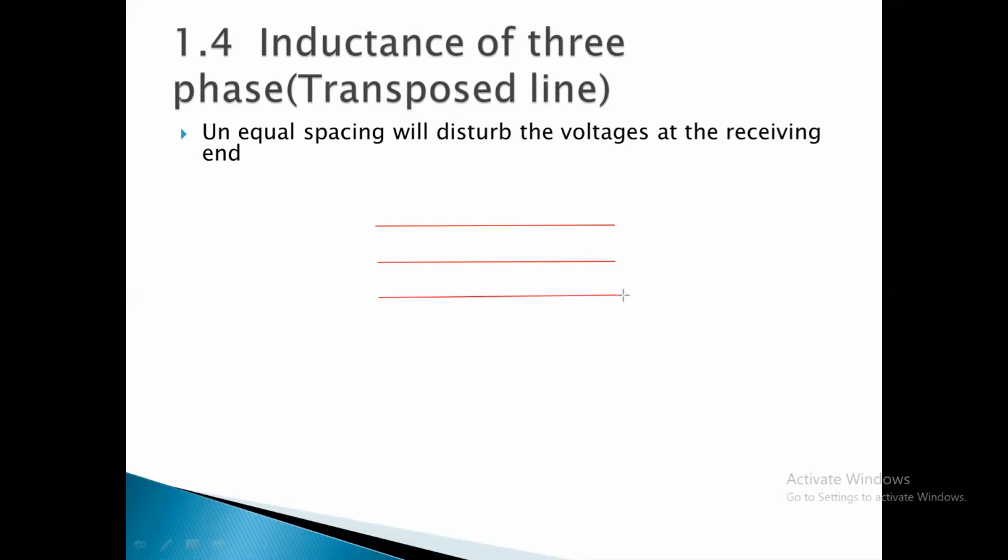Now I will calculate the inductance of each line. For example, the inductance of this line is 50 millihenry, this one is 30 millihenry, and this is 40 millihenry.